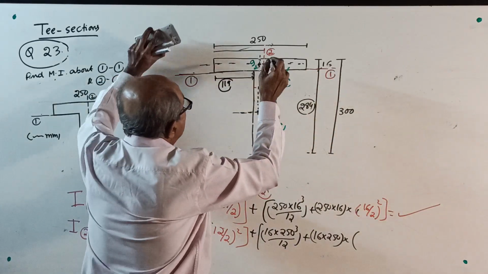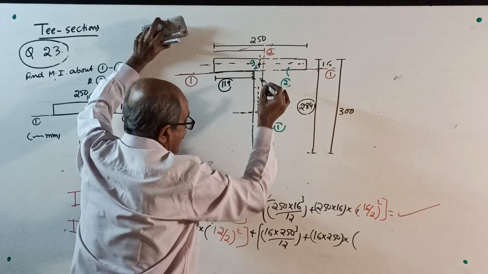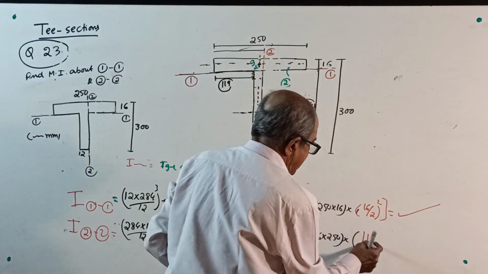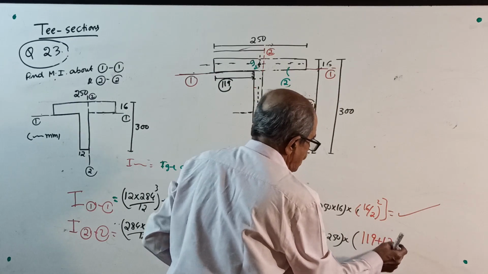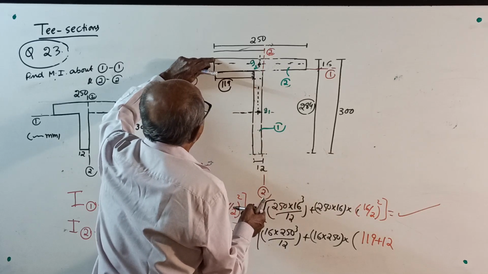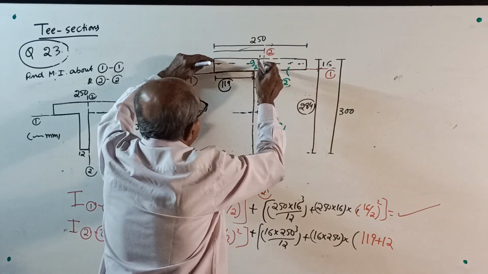Now answer is, see, this is 119 plus another 12, red color. 119 plus 12 will give you, oh no, not required, you can do directly. This is how much? This is 250 by 2.